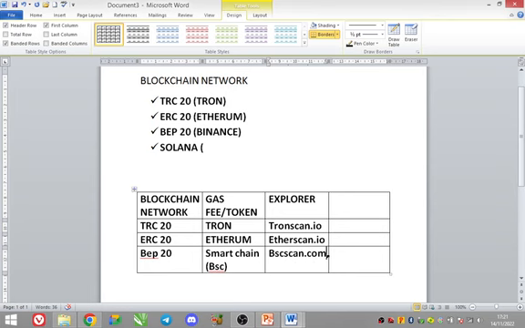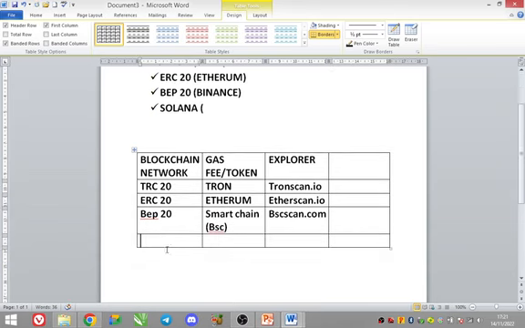Now this is where you can actually do it. We still have Solana chain, we still have new ones that are coming, like your Solana and other chains such as Arbitrum and the rest. But you don't need to bother yourself about all of that.